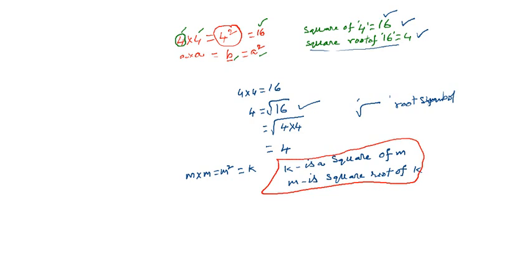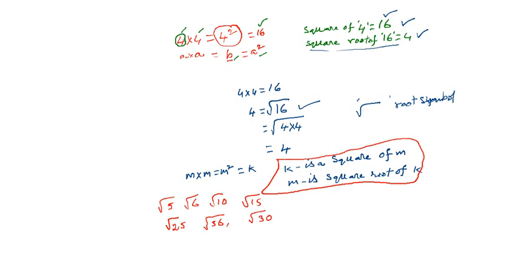If you get some more examples: root 5, root 6, root 10, root 15, root 25, root 36, root 30.